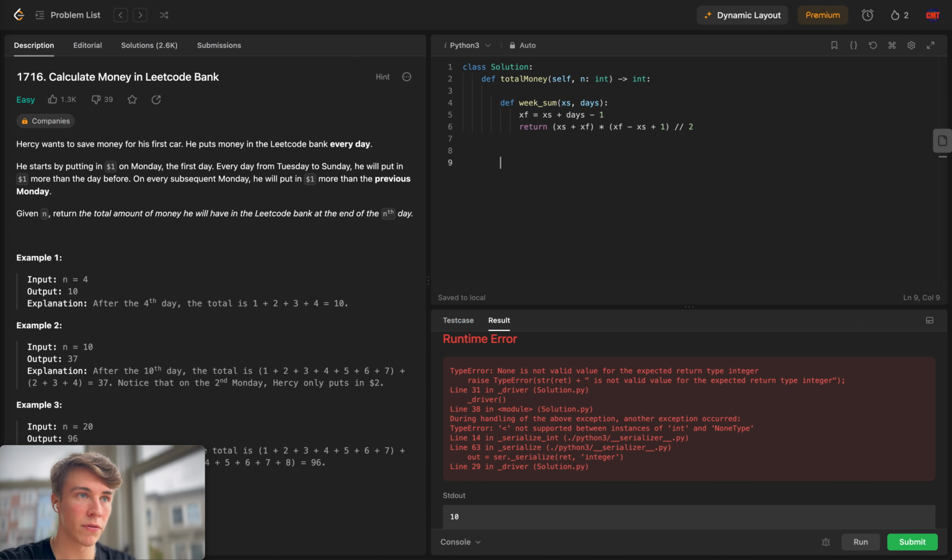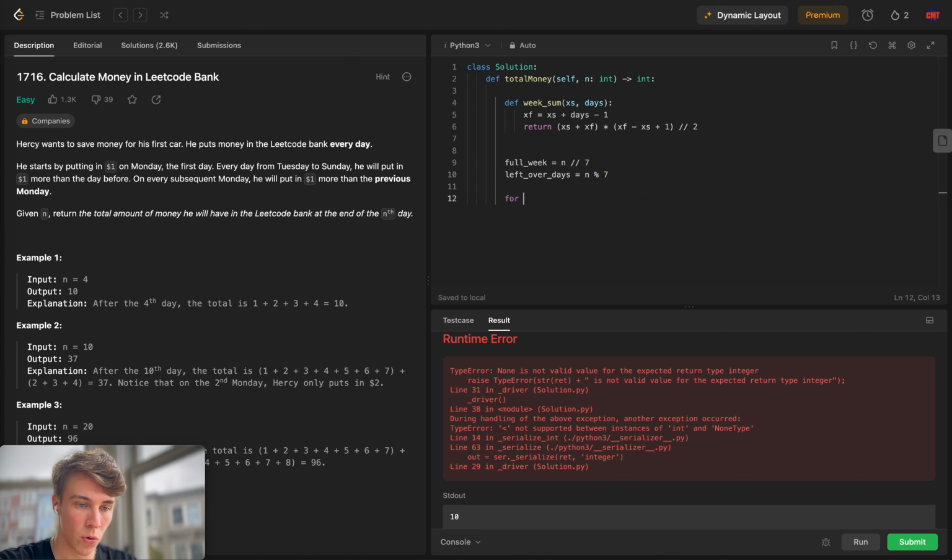So now all that's left is we have the full weeks, the count of full weeks, and that is just n divided by 7, and the leftover days is just going to be n modulo 7.